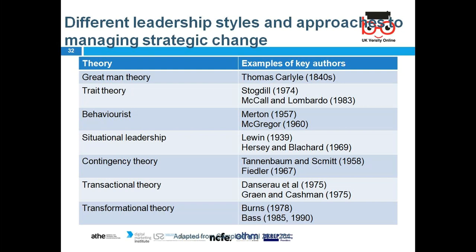So great man theories and trait theories, where we look at the individual traits; behaviorist theories, where we look at the behavior of the people; situational theories, where the leader carries on changing according to the environment. That's contingency theory, so you need a contingency plan. Then transactional theories and transformational theories, how we can transform our organization.